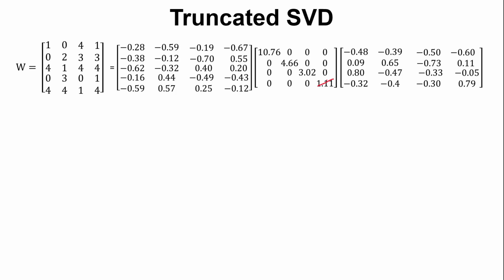So let's just remove it and consider it 0. What happens now? Removing this number means that the last column of matrix U is ineffective, since it has to be multiplied by 0, and we already know the answer would be 0. And likewise, the last row of matrix V transpose would be ineffective.